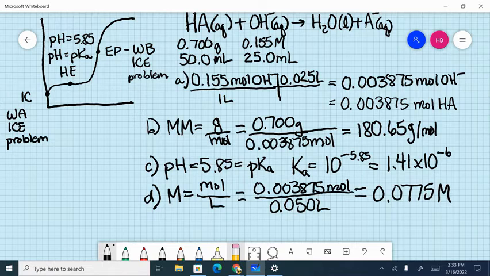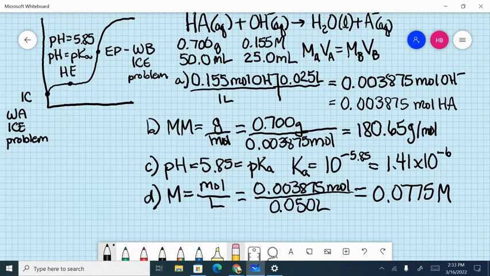Let's also look up at the top. This is another way to solve this: the molarity of the acid times the volume of the acid is equal to the molarity of the base times the volume of the base. Remembering we can only do this if they're 1-to-1. If you have a diprotic acid, you have to account for the number of moles too, which you can add into this formula if you want to. But this is 1-to-1.